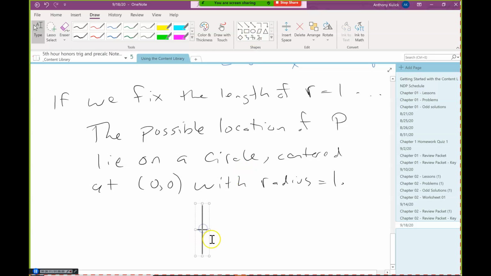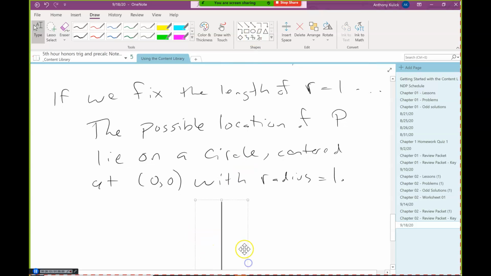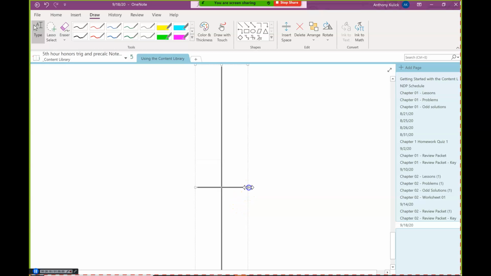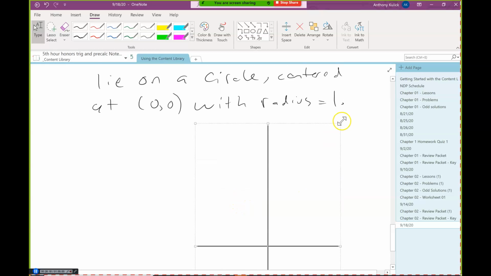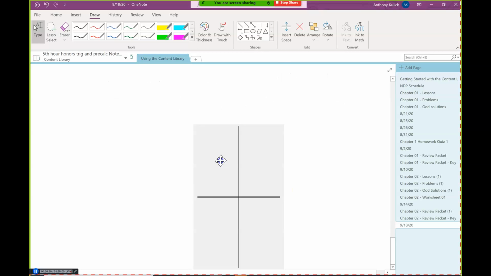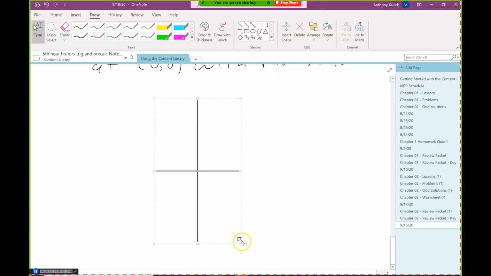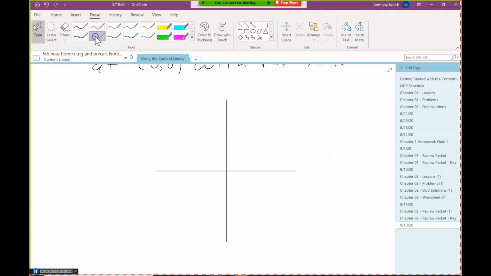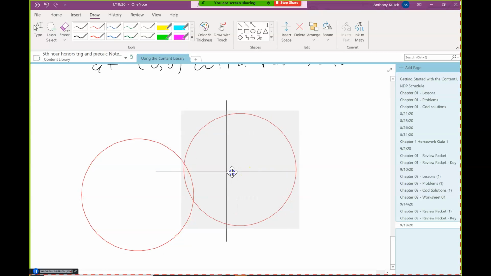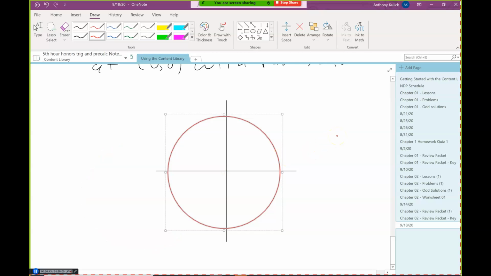Let's do this first. That's way bigger than I wanted it. Okay, that's about right. I'll try to put that as close as I can to the center.